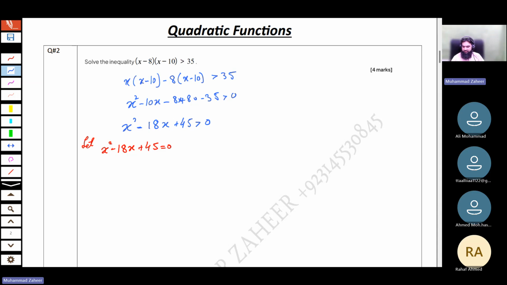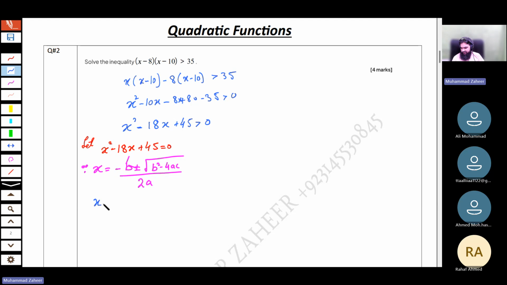I'm just going to go for the quadratic formula. I think that's better. The quadratic formula is x is equal to minus b plus minus square root of b square minus 4ac divided by 2a.